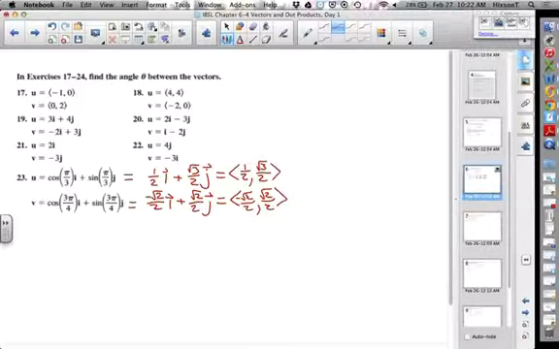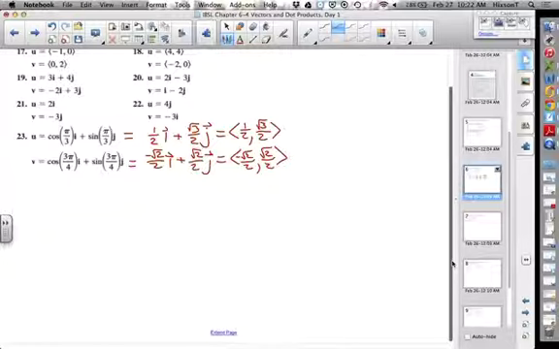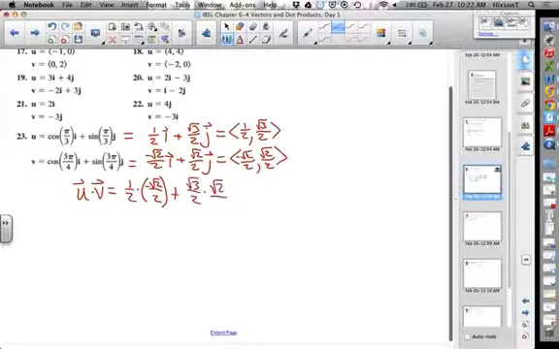Okay, so now when I do the dot product, it's the same thing, I just have some fractions and radicals involved. For the dot product of u dot v, we're doing 1/2 times negative root 2 over 2 plus root 3 over 2 times root 2 over 2.